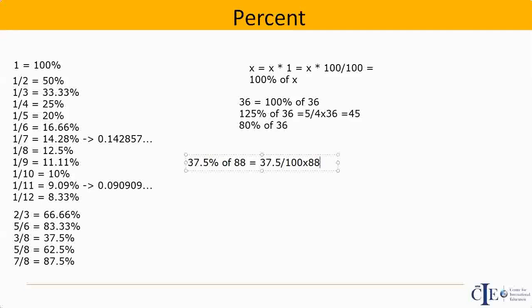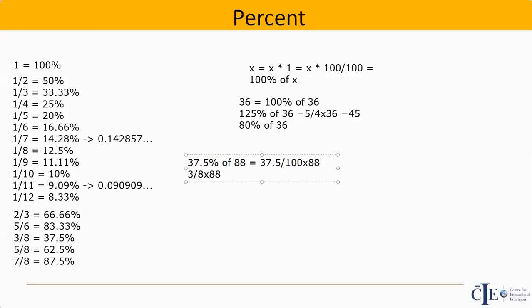Okay, got it. Check your answer. 33 is correct. So 37.5% of 88. 100% of 88 is going to be 88. Every number is 100% of itself. So 37.5% of 88 is definitely going to be less. Now here, instead of looking at it as a percent, it would be so convenient to look at it as a fraction. So I would say this is simply 3 by 8 into 88.